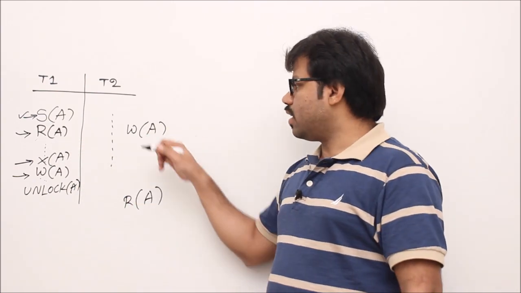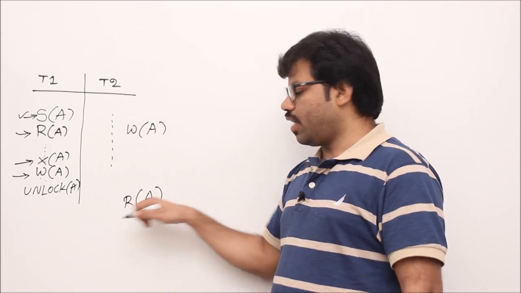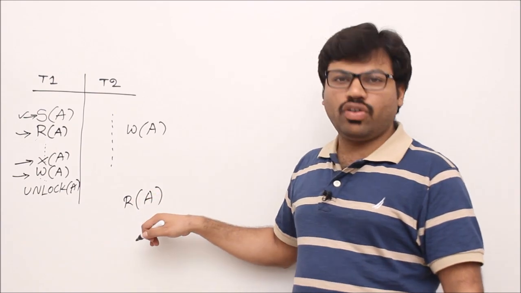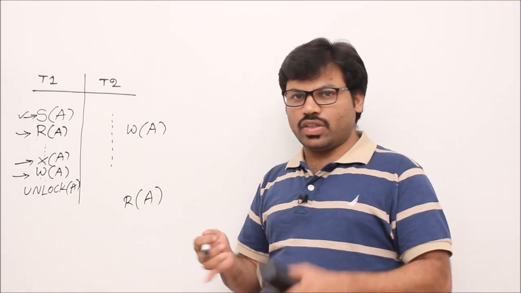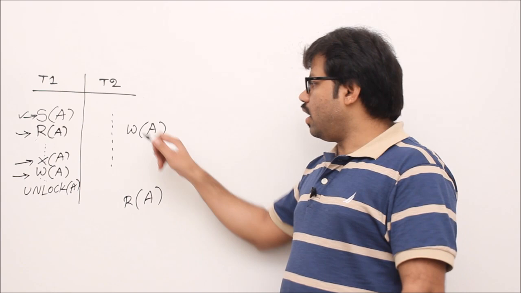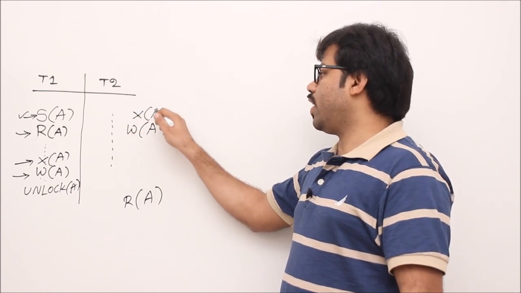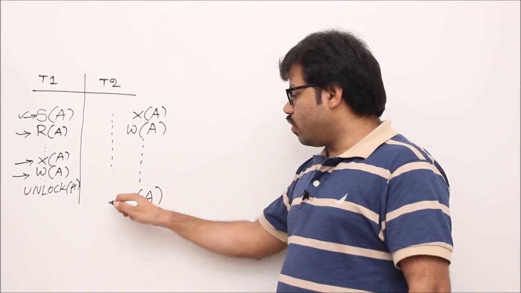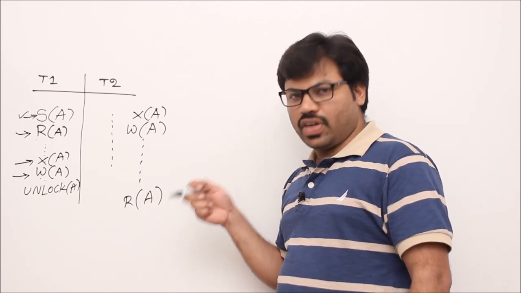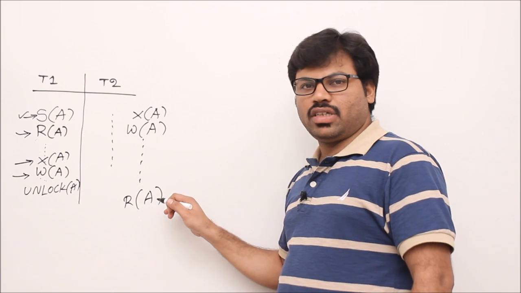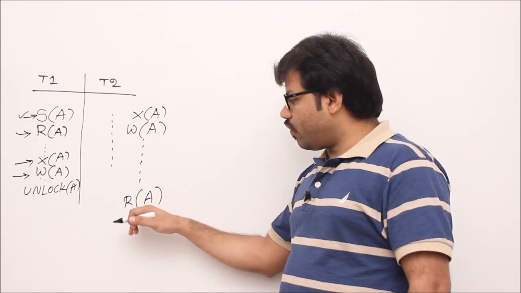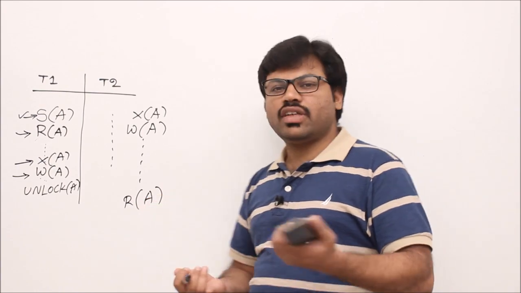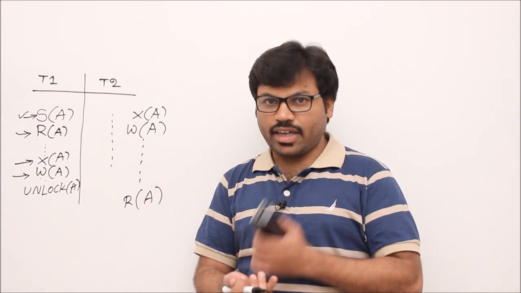Similarly, see this situation. Initially some transaction has write of A, after that read of A. At this moment the DBMS doesn't know that this transaction is going to read; even T2 itself doesn't know. So initially your DBMS will try to acquire an exclusive lock on A. Then slowly, when the time comes, the transaction or the DBMS will realize that there is a read operation, and for that you just require a shared lock, not an exclusive lock.